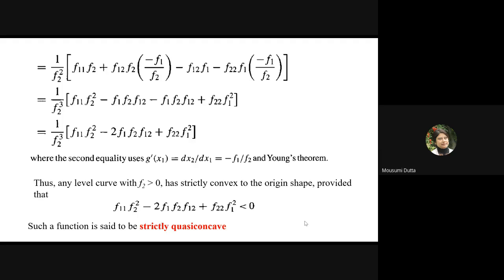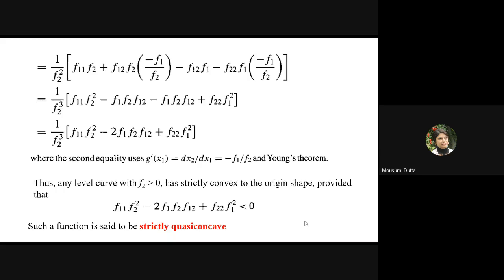Okay, so in this context, the idea of level curve is coming, and it is found that if a function is strictly concave or strictly quasi-concave, in that case, that can be expressed by a strictly convex curve. Okay, the level curve will be strictly convex.